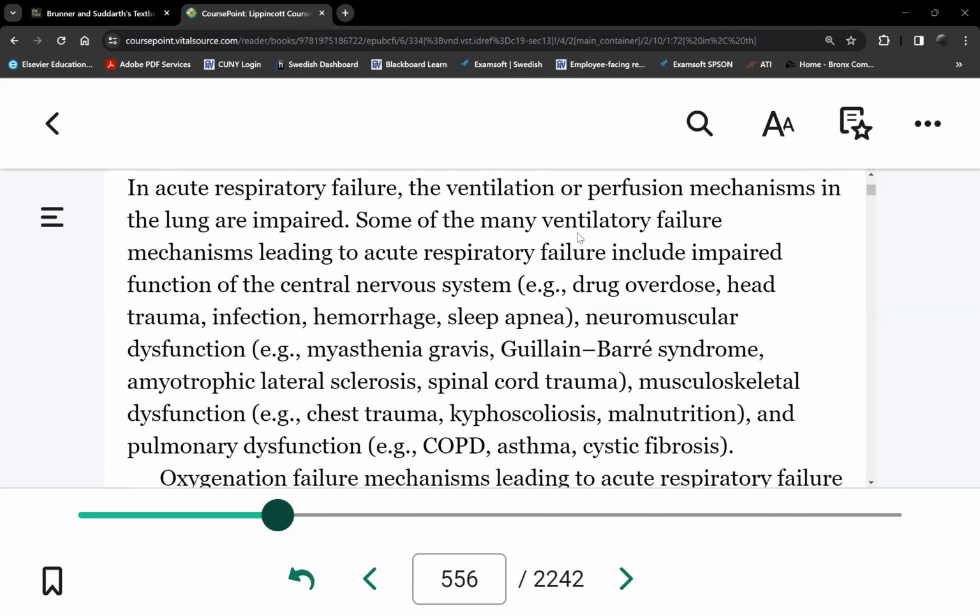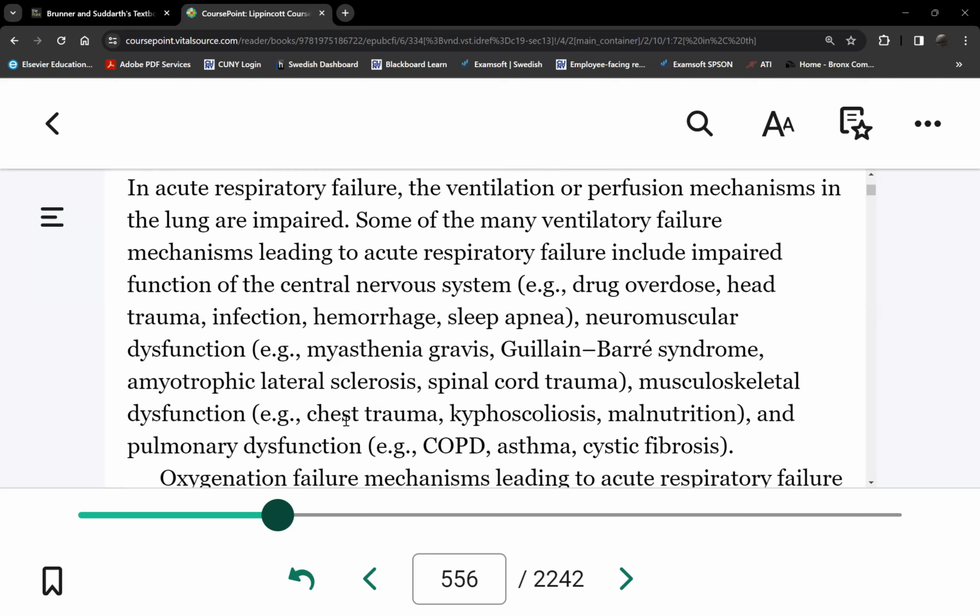So does that occur with pain? Here, chest trauma, you're in pain. What about, let's say, obesity? Yes. Or let's say you're making love to someone who is obese and you're on the bottom, and that causes respiratory failure. Okay, so again, endless causes.